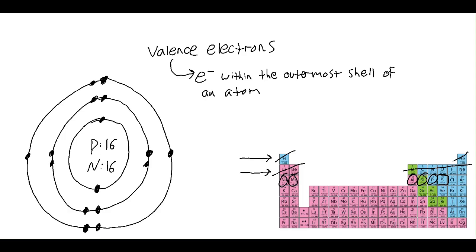Therefore, sulfur has 6 valence electrons. Valence electrons are very important in chemistry because at the end of the day, chemistry is all about these valence shells and valence electrons. And we will get more into that as we progress through the series, but for now just be familiar with the term valence electrons.